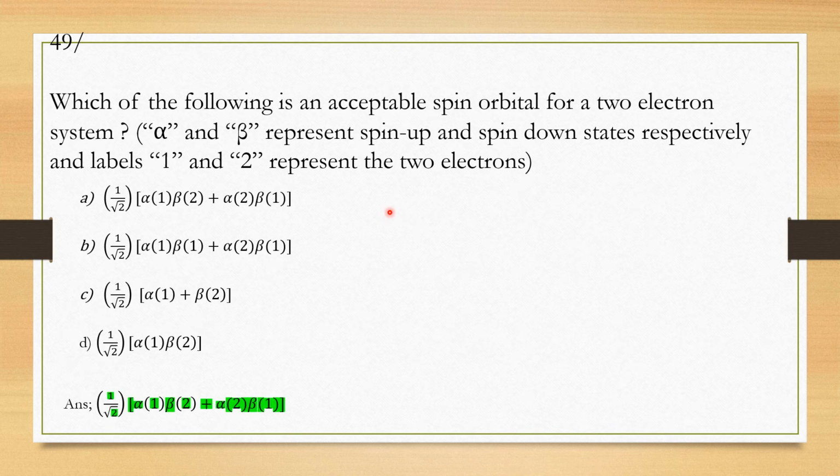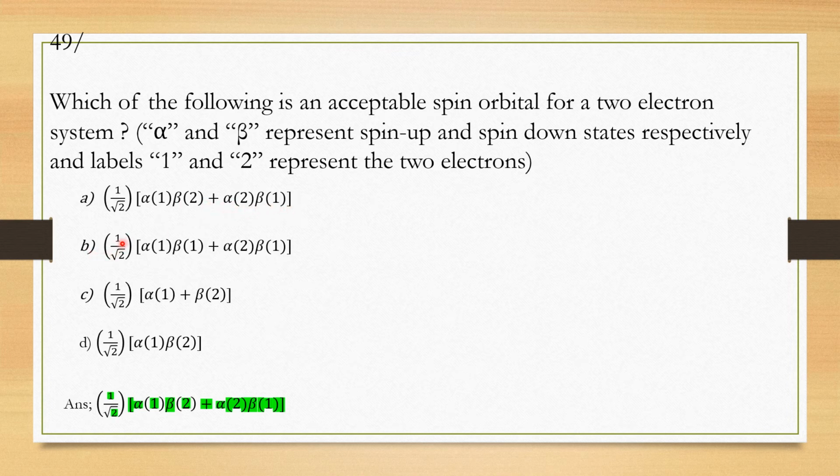Then here is the next question: which of the following is an acceptable spin orbital for a 2-electron system, where alpha and beta represent spin up and spin down states respectively, and labels 1 and 2 represent the two electrons. The options are: option A, 1 by root 2 alpha 1 beta 2 plus alpha 2 beta 1.